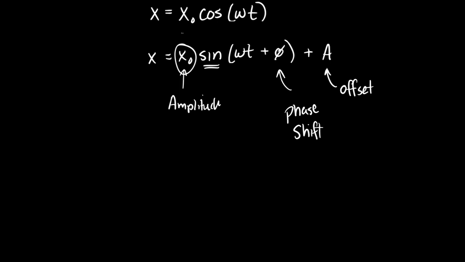Sine would start at 0 without a phase shift. Cosine would start at +1 without a phase shift. This term here determines what feature of the graph? So how close the peaks are or how far apart the peaks are.